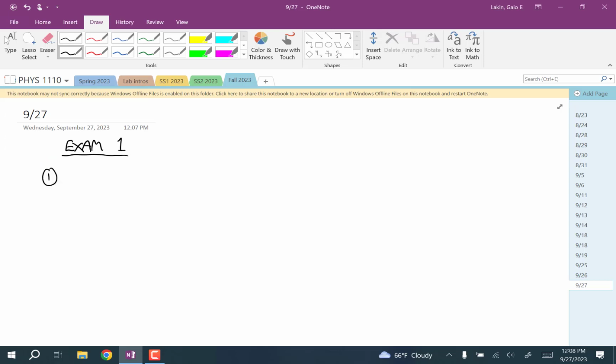The first question was a unit conversion kind of thing. And we were converting negative 80 miles per hour squared to millimeters per minute squared.